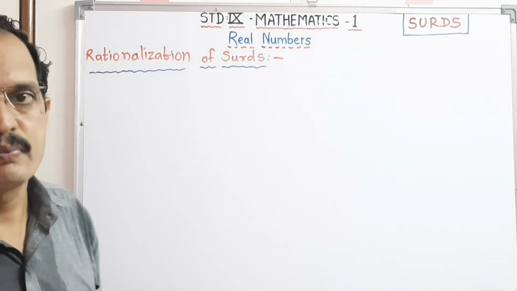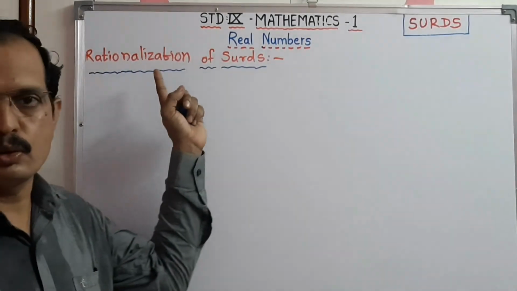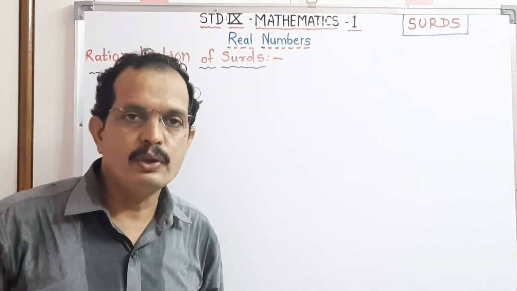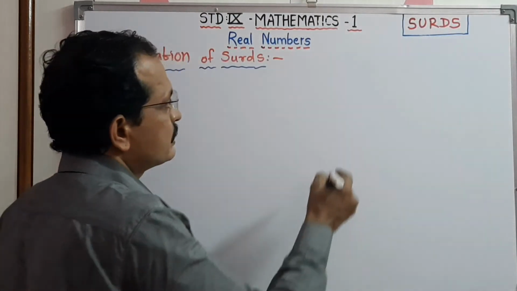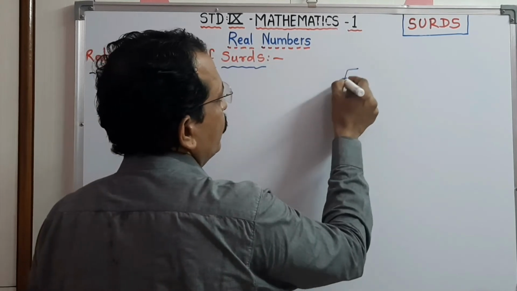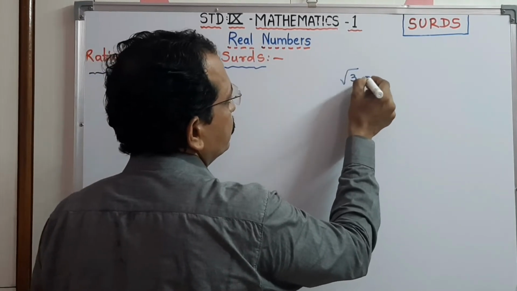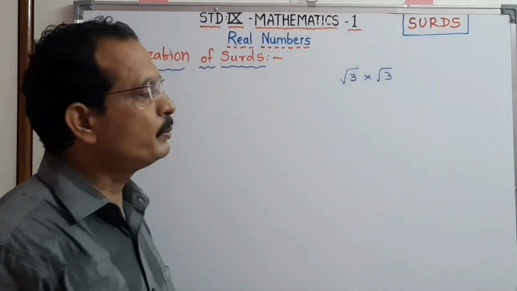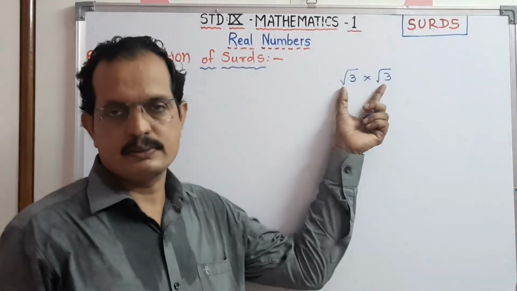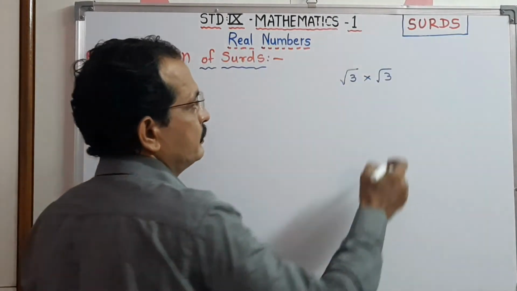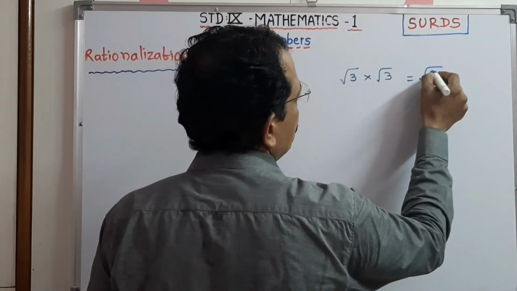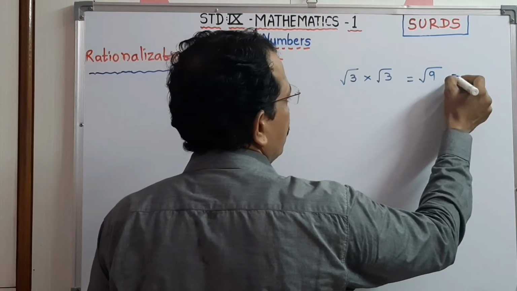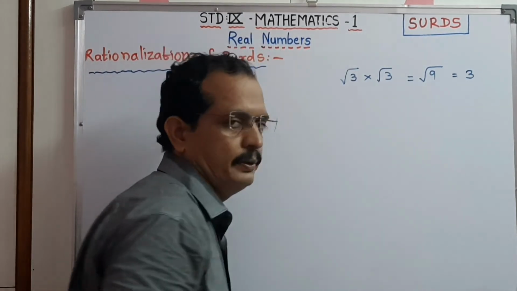Dear student, we have to see the next topic, that is rationalization of surds. Now in this topic, suppose I write here root 3 into root 3. If I do the multiplication of these two surds, I will get root 9 and the final answer is 3.